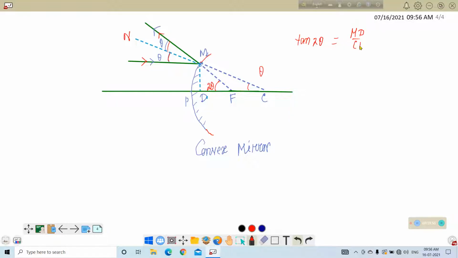In this case, this is the focal point and this is center of curvature.